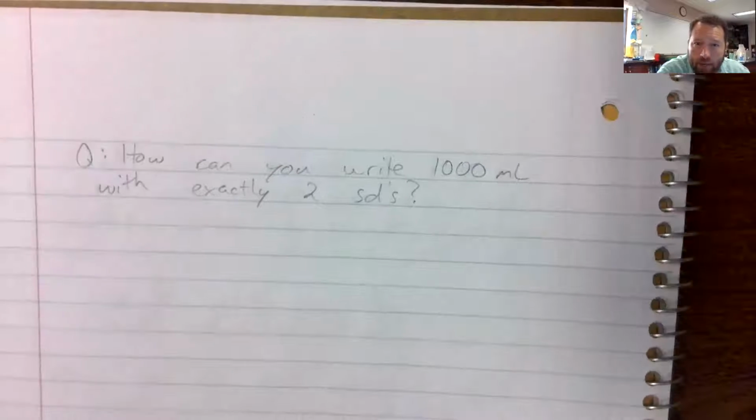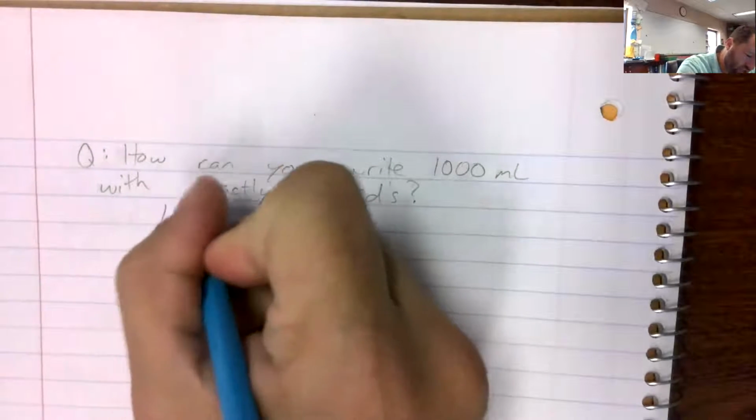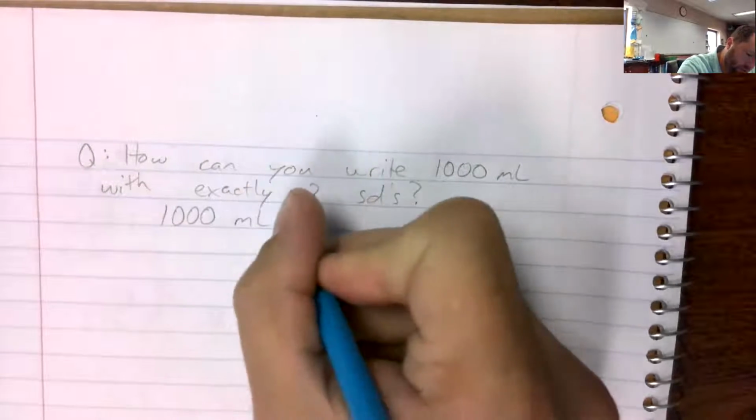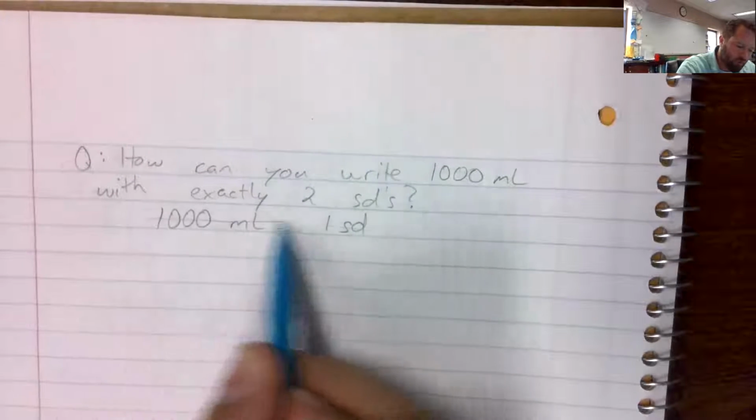For instance, how can you write 1,000 milliliters with exactly 2 significant digits? Perhaps you're noticing the problem that we have here. Perhaps you've given it a shot. If I were to write just 1,000 milliliters, well, that's just 1 significant digit.